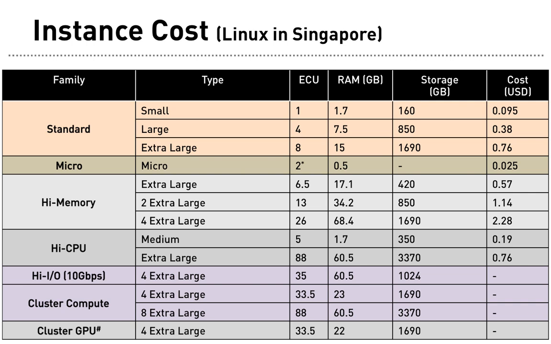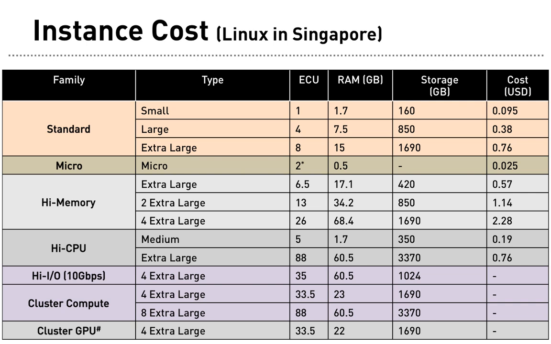As you notice, there are a variety of configurations to choose from, and based on the configuration, the pricing does change. For example, the entry-level instance type happens to be a micro instance, which comes with a variable compute capacity of 2 ECUs, elastic compute units, and roughly half a GB of RAM, and this is going to cost you 2.5 cents an hour.